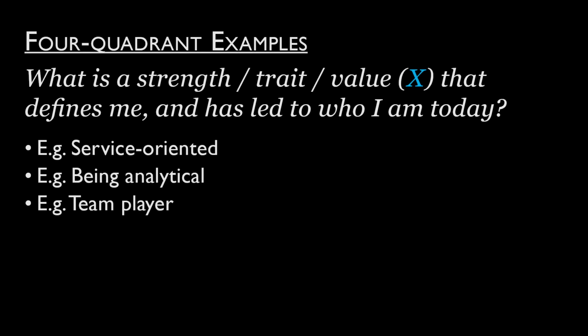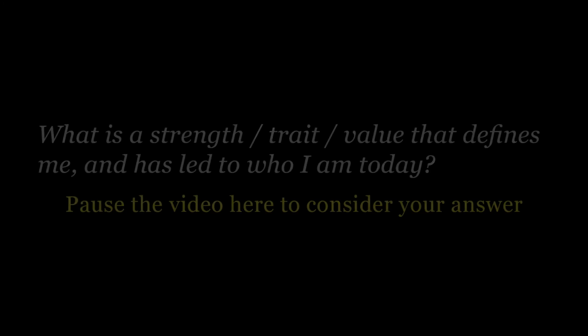We start by asking the question, what is a strength or trait or value that defines me and has led me to who I am today? And let's call this X. So it could be anything. And there's a few examples here. Being service-oriented, being analytical, being a team player. So take a couple of moments to answer this question.